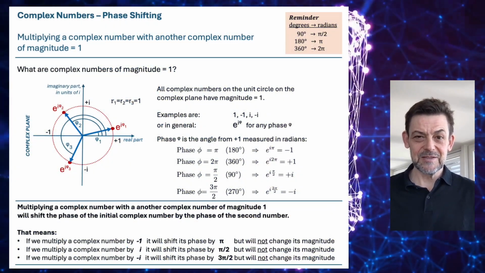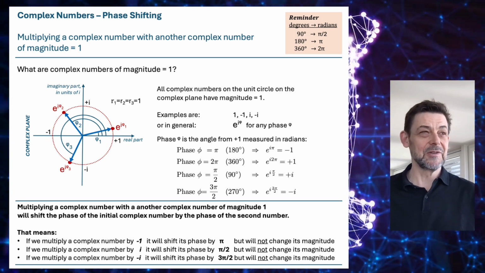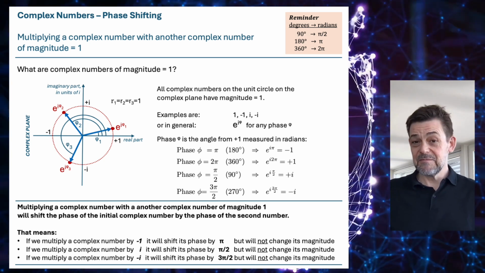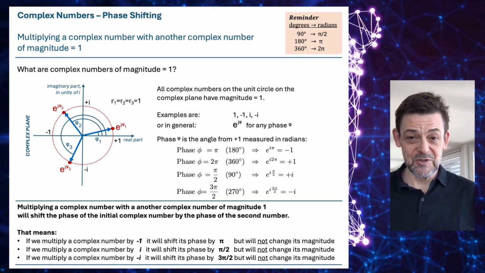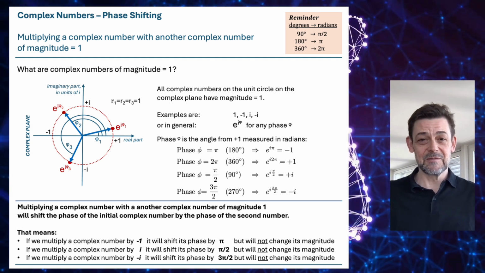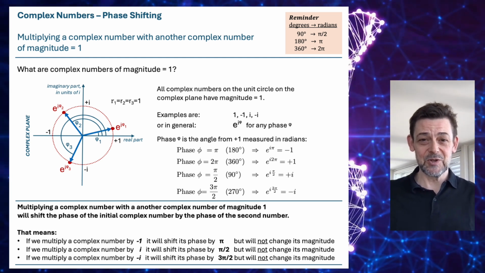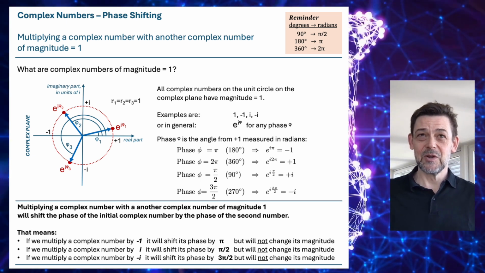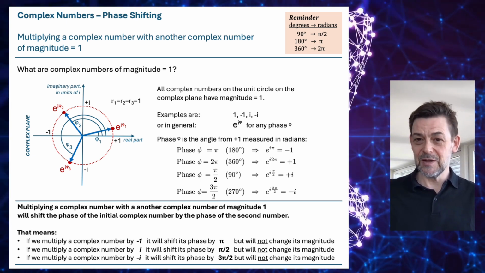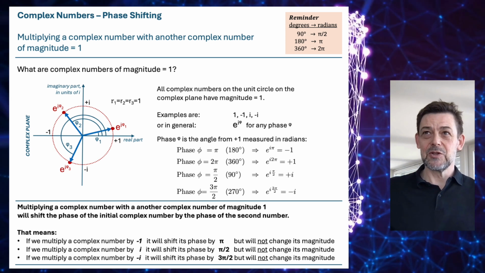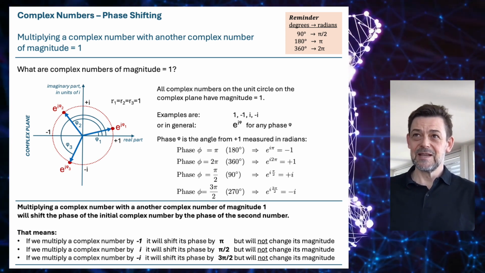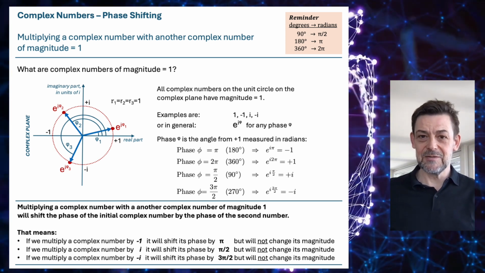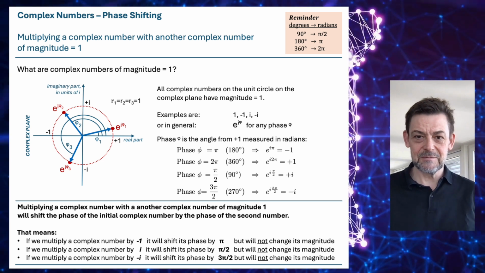Now, let us examine a special case that is significant for quantum computing. This involves the multiplication of a complex number, such as the probability amplitude of a qubit state vector, by another complex number with a magnitude of 1. Recall that the magnitude of a complex number is the length of the vector originating from the coordinate system's origin.